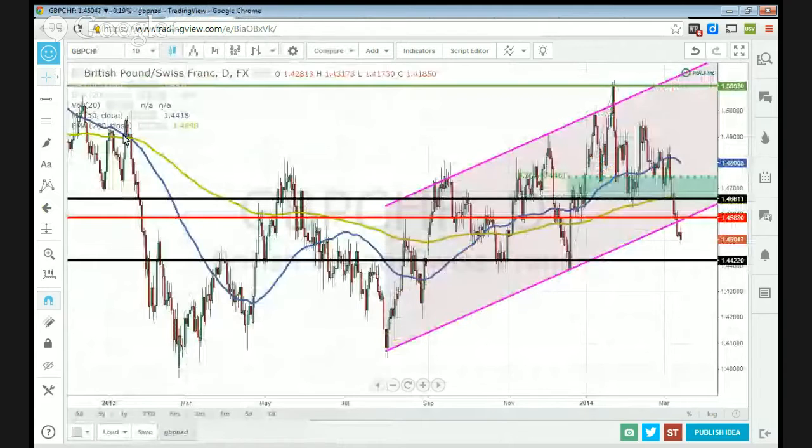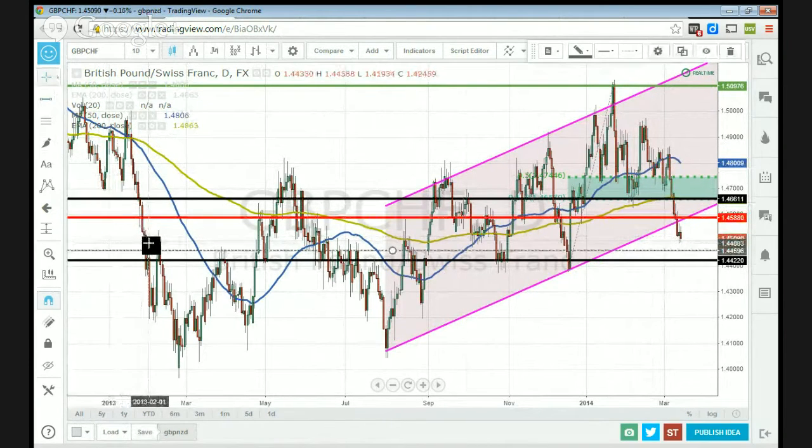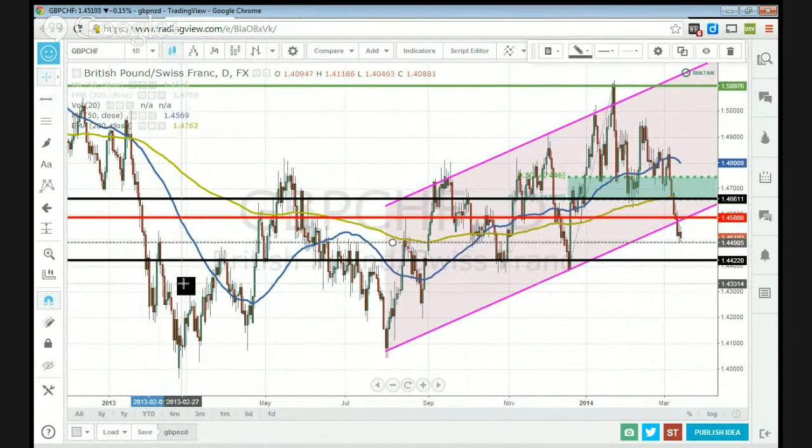Pound Swiss. Okay, it looks like it might be finding a bid finally. Maybe though, we'll see. This is a big red candle today, but at least there was a doji-like candle the day before here. So that strengthens the case for bulls, and this is actually coming at a level right there.